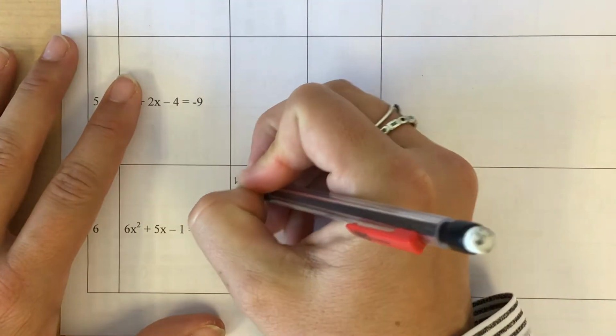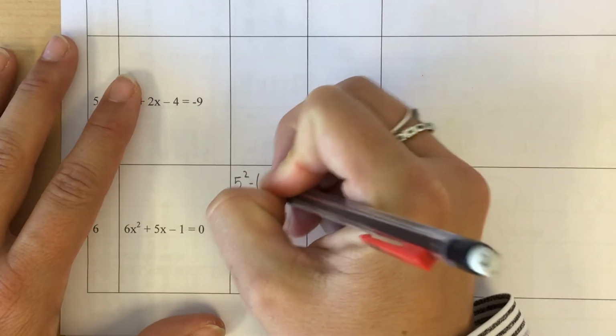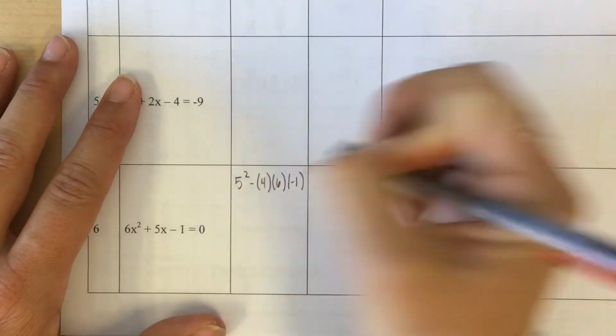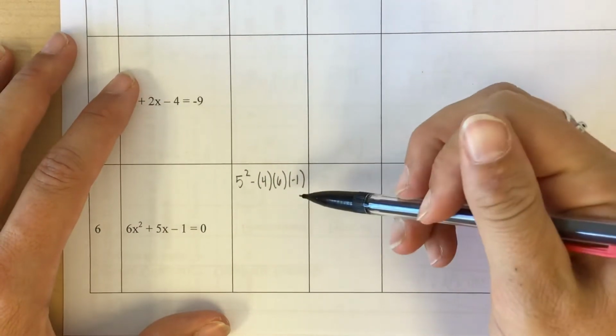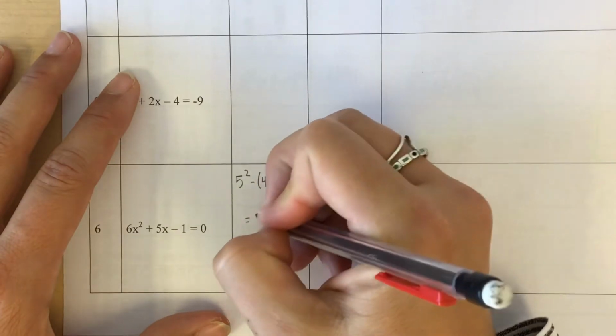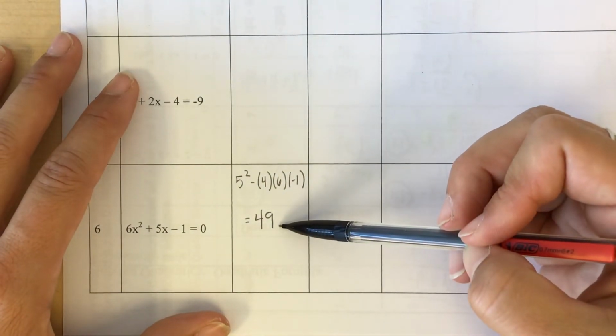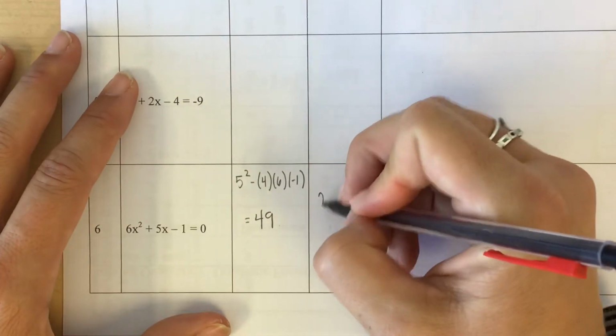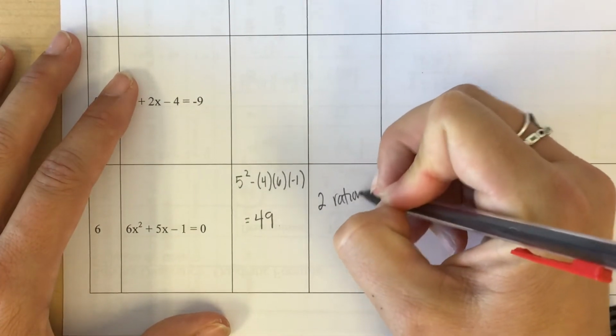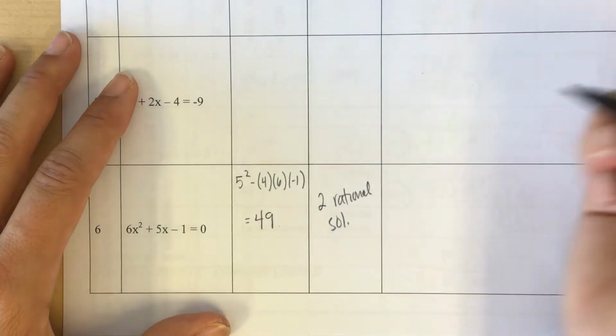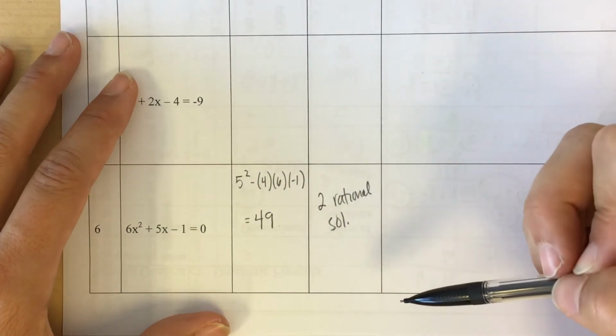So we have 5 squared minus 4 times 6 times negative 1. Okay, if we put that on the calculator, we end up with 49. So 49 is positive, but it's also a perfect square. So we know that we have 2 rational solutions. Okay, so that means you're going to have a fraction or a whole number.